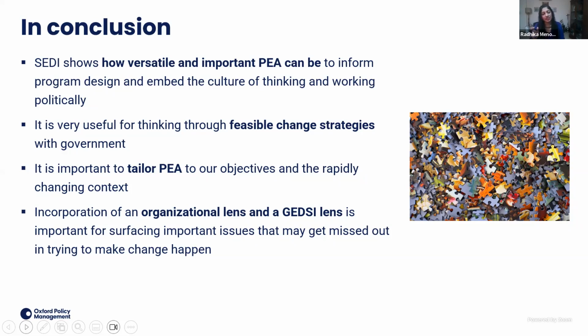And then importantly, introducing, I've added the D here, disability, gender, equity, disability, social inclusion, to ask some of those difficult questions, because it helps surface who is visible, who is invisible, because with PEA, you often look at the powerful and you need to center the conversations on the marginalized as well.